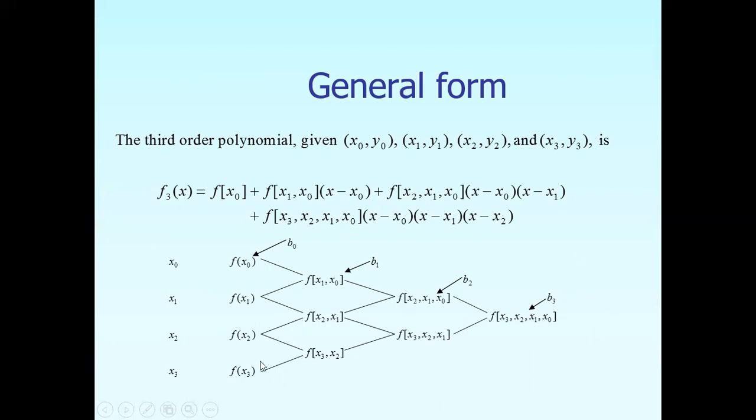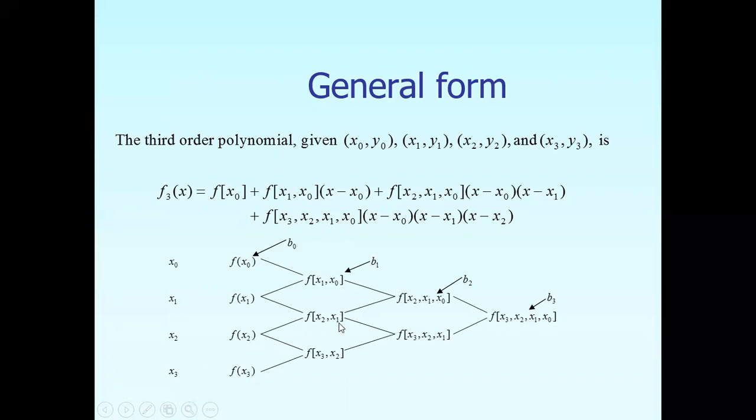This is a divided difference table. x0, x1, x2, x3, f of x0, f of x1, f of x2, f of x3. This is b0, this is b1, f of x1 comma x0. Taking the differences, f of x1 minus f of x0, f of x2 minus f of x1, f of x3 minus f of x2.